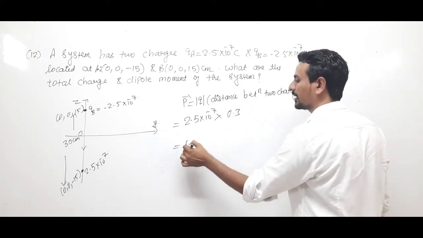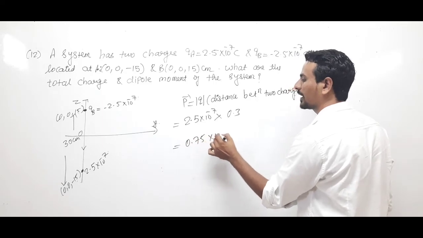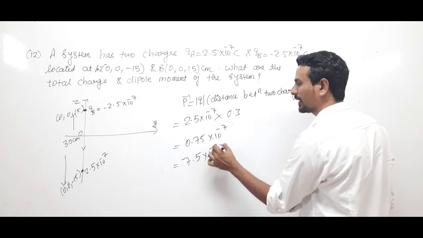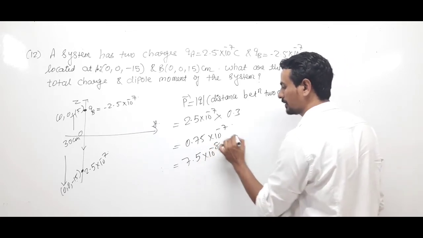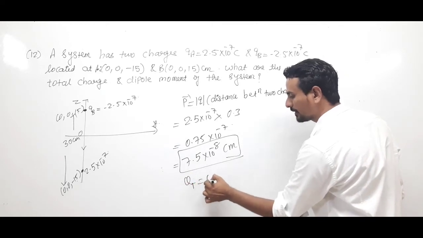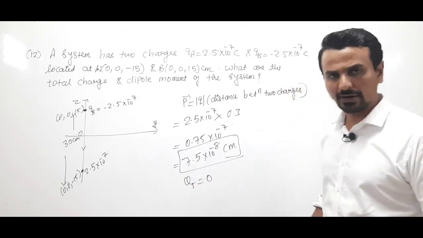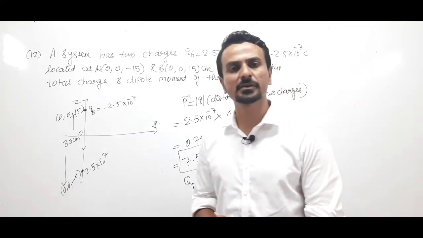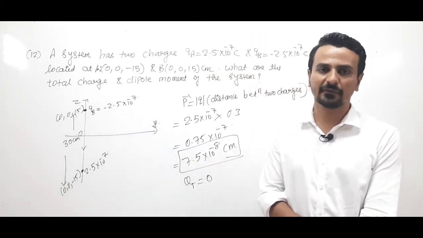So 0.75 × 10^-7, or you can say 7.5 × 10^-8 coulomb meter. This is the dipole moment. And yes, total charge will be 0. Got it? Clear? Dipole moment is magnitude wise any one of the charges into the distance between the two charges. Fine? The next one.